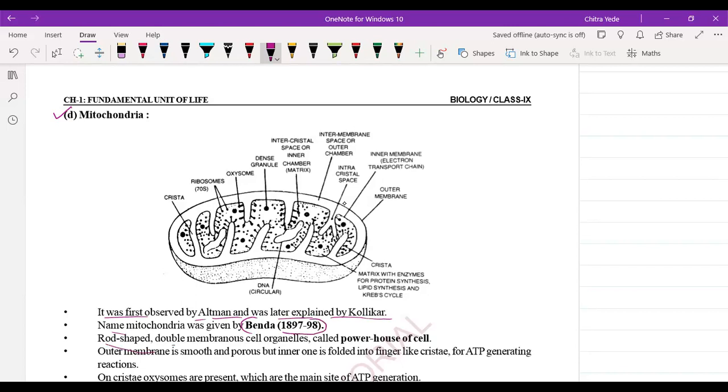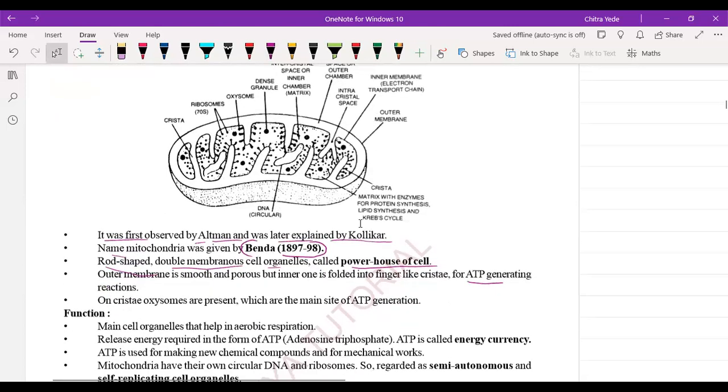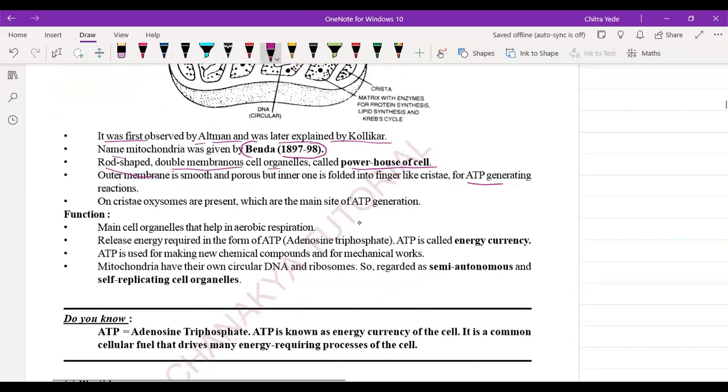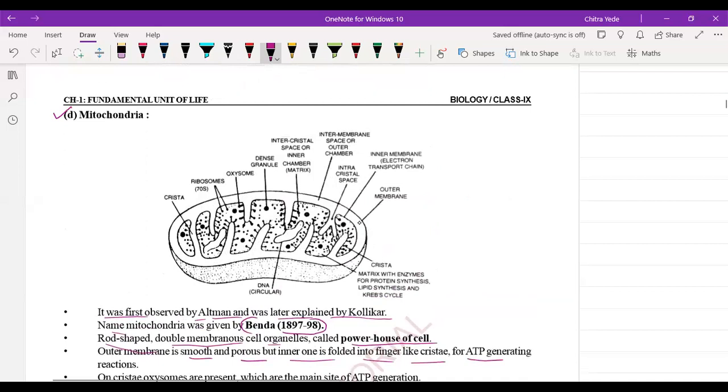The rod-shaped, double-membranous cell organelle is called the powerhouse of the cell because it provides energy in the form of ATP from carbohydrates. The outer membrane is smooth and porous, but the inner membrane is folded into finger-like cristae, where ATP-generating reactions take place. This is the structure of the mitochondria.